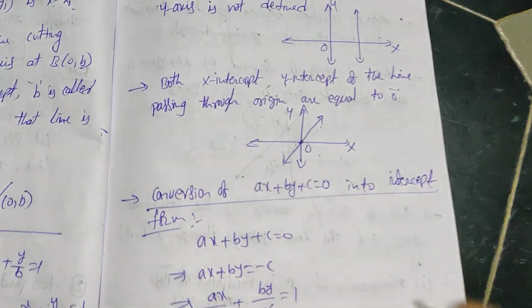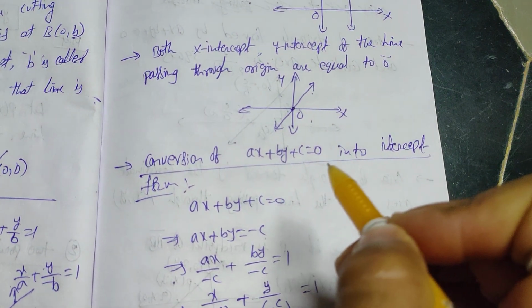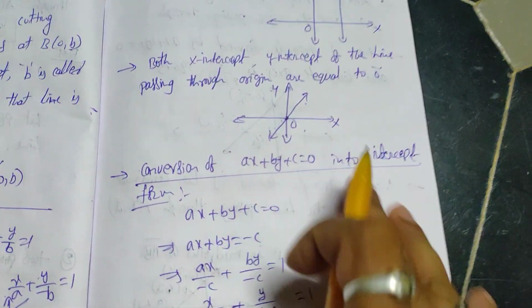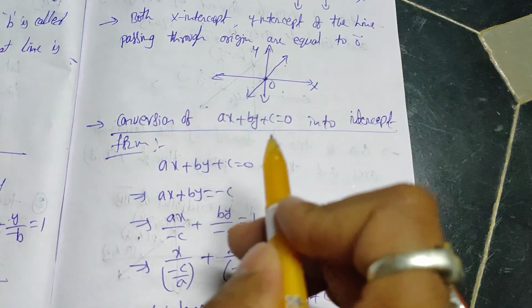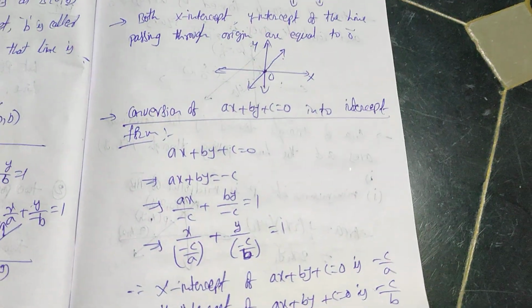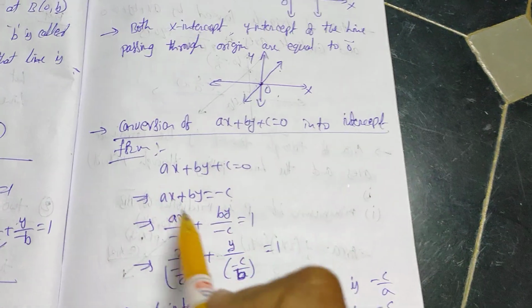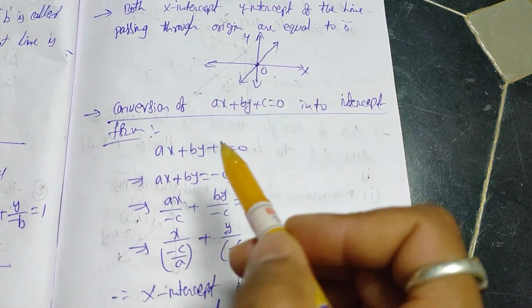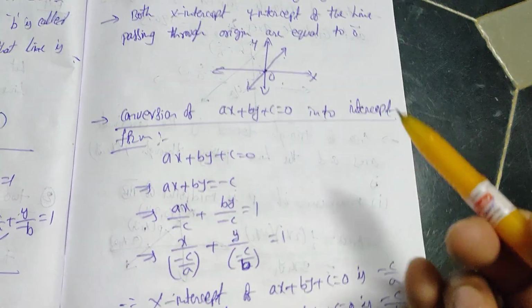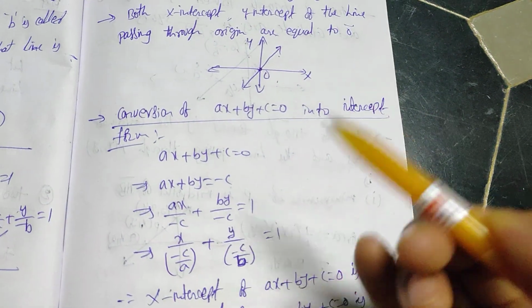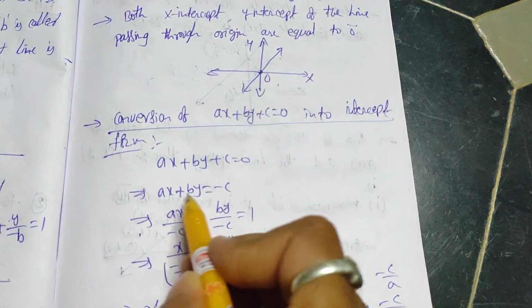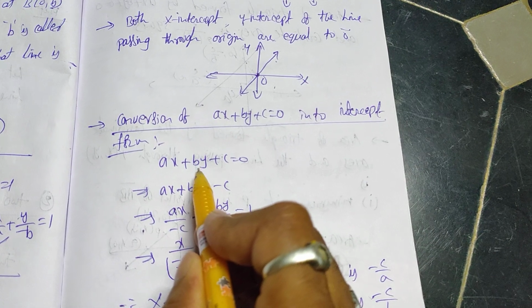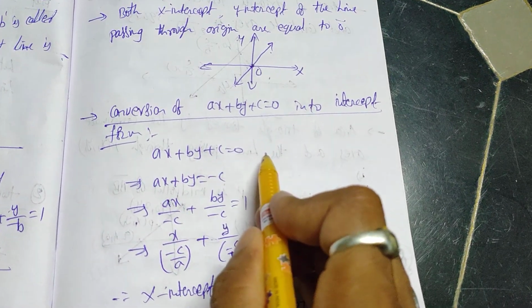Next one. Conversion of ax + by + c = 0 into intercept form. How do we convert ax + by + c = 0 into intercept form? We have to convert it into the form x/a + y/b = 1. First, keep ax + by on one side and transpose the constant to the other side.